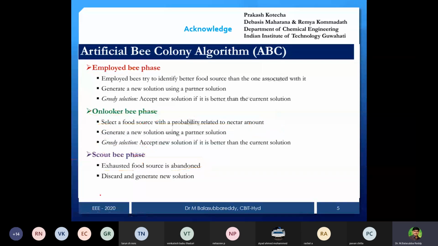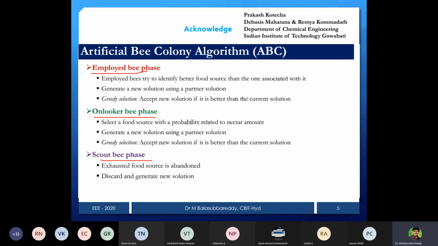Like that, if all 3 steps are completed, that becomes one iteration, and that iteration will repeat further and further until the value becomes constant, it may be 100 iterations or 50 iterations. The final result you get is the optimal value of x1, x2, x3 and so on, and the corresponding function value will be the minimum function value compared to all other solutions.